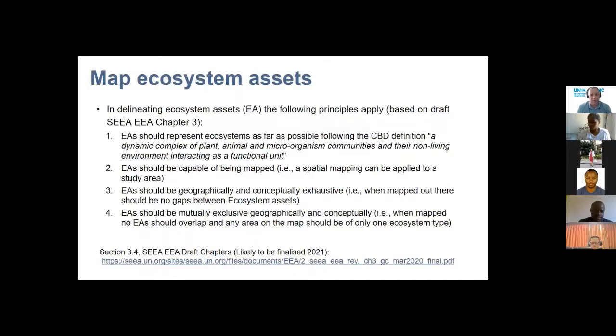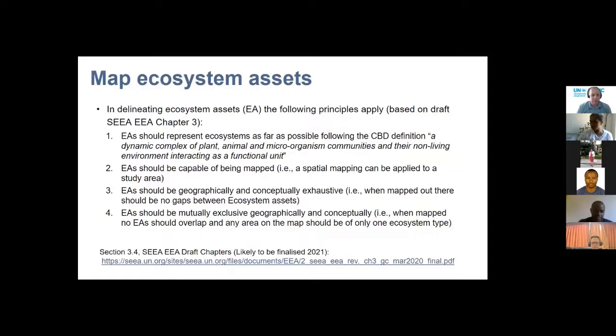And then two principles around the mapping approach. Essentially, that the map should be geographically and conceptually exhaustive. So essentially what we're saying here is when you map out your ecosystem assets, there's no gaps between them. So there's no areas where you don't know what the ecosystem type is or are not covered by an ecosystem asset.